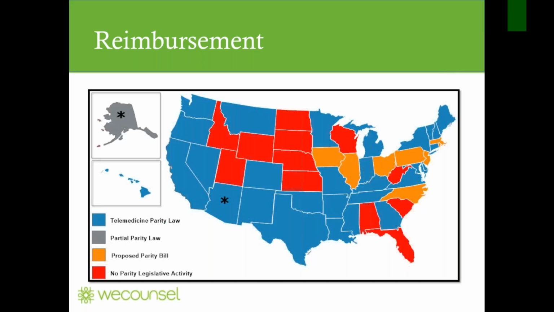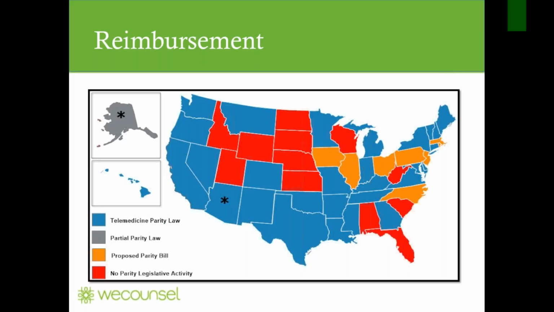Some states require different things, certain conditions or specifications that must be met in order for you to bill for services to private payers. For instance, the originating site. Where was the patient at when the services were delivered? Some places require that the patient be in a facility instead of their home. If you're someone who's looking to provide services to patients in the home, then you'll want to consider that.